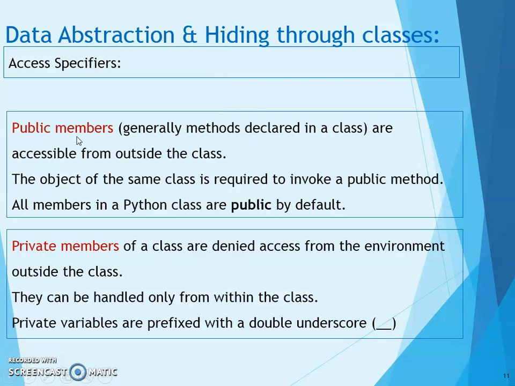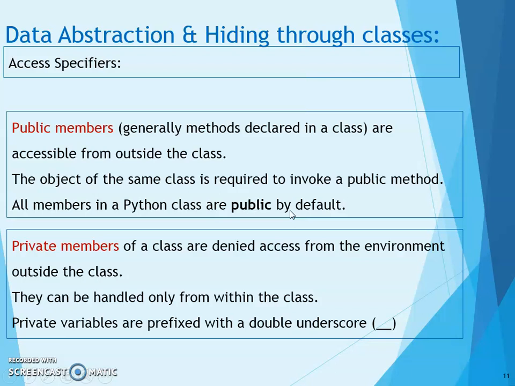If the members are defined as public members, then they are accessible outside the class. The object of the same class is required to invoke the public method. All the members in the Python class are public by default. So here no specific keyword is written as an access specifier.